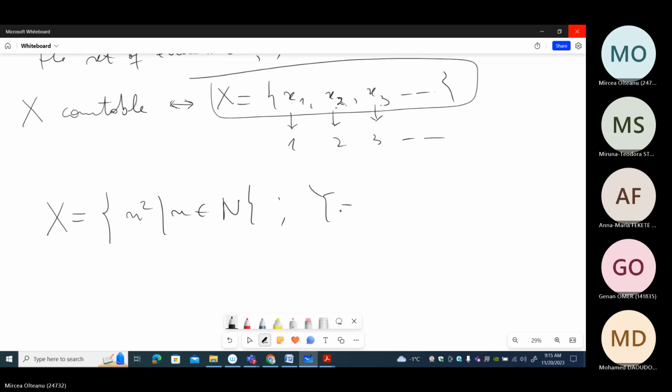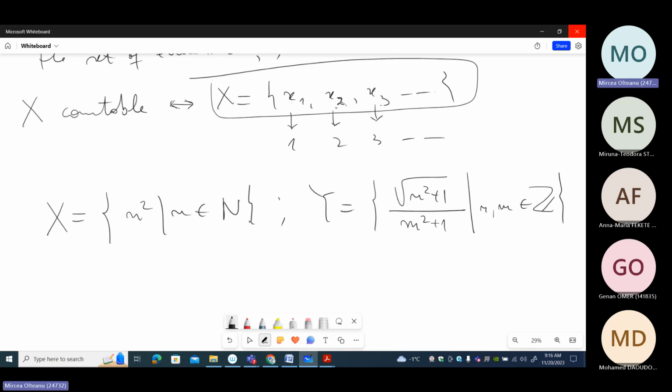Or this one? For example, the set X, is it countable or not? Yes, it is. Of course. Can we prove it? Yes, of course we can prove it.